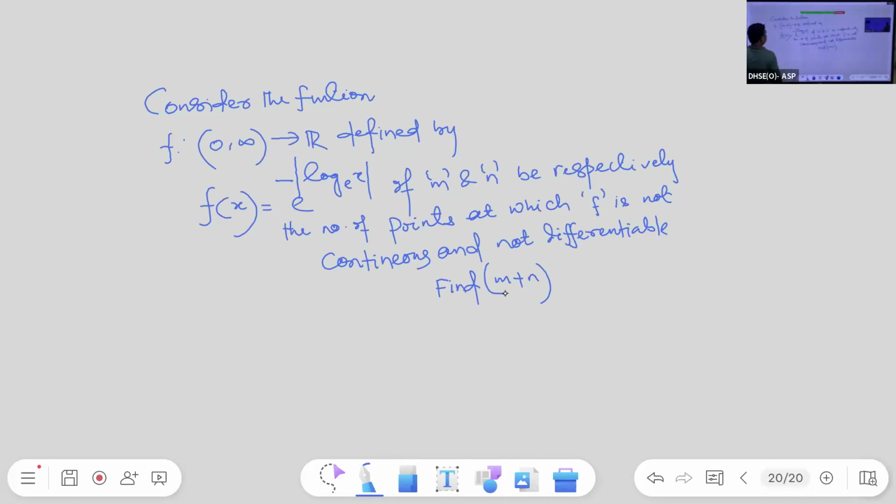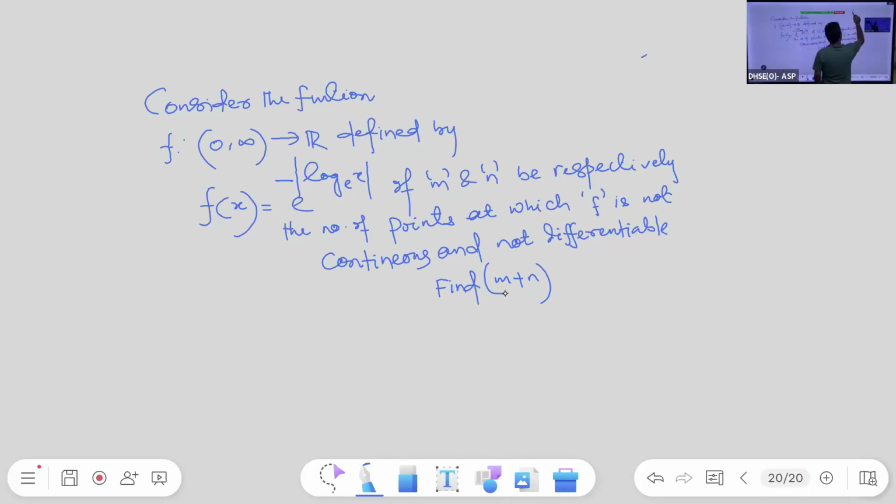So first of all, take the continuity. We have to check what are the functions involved in the given function. The given function is a composition of three functions. The prime factors of these composite functions are e power minus x, log x, and mod x, right? So log x is continuous everywhere, mod x is continuous everywhere, e power minus x is continuous everywhere.